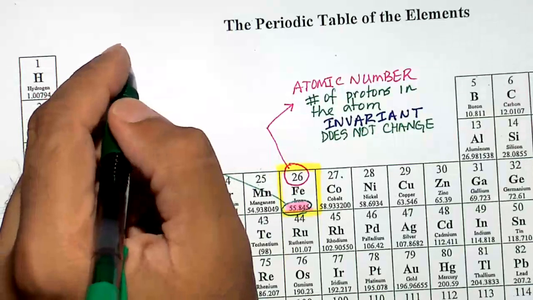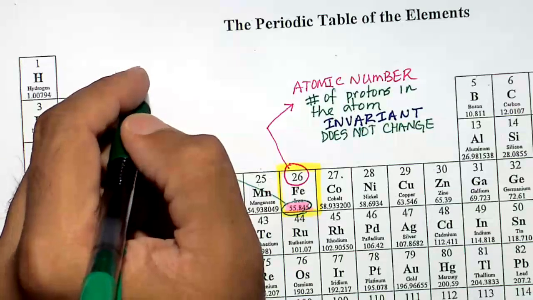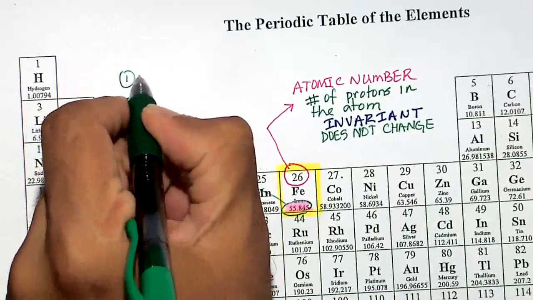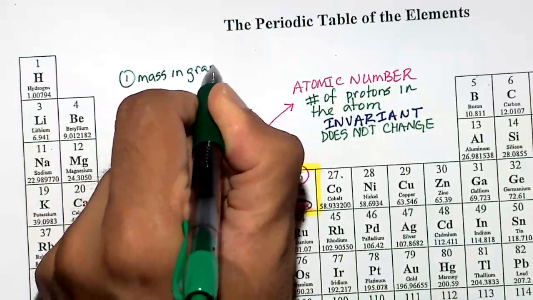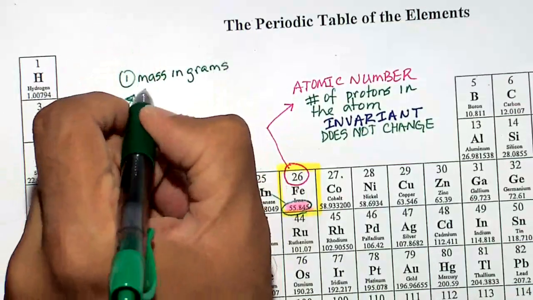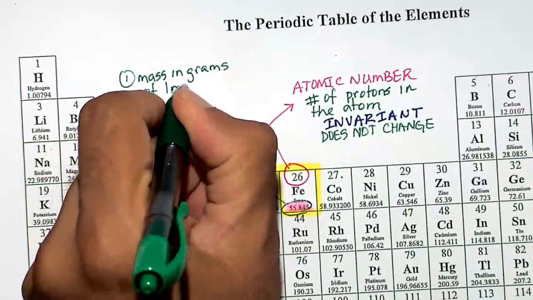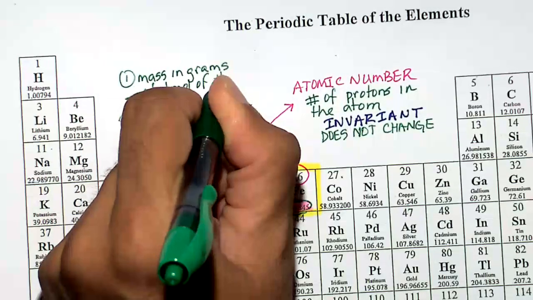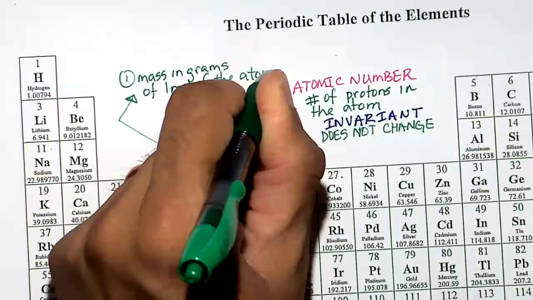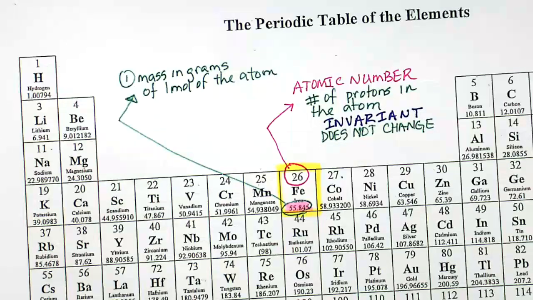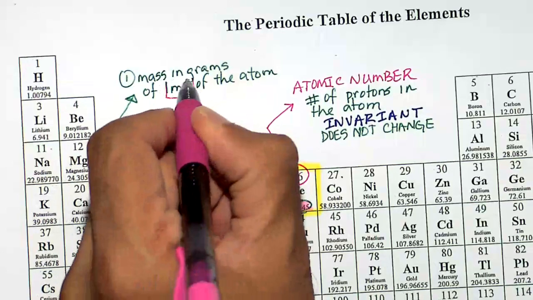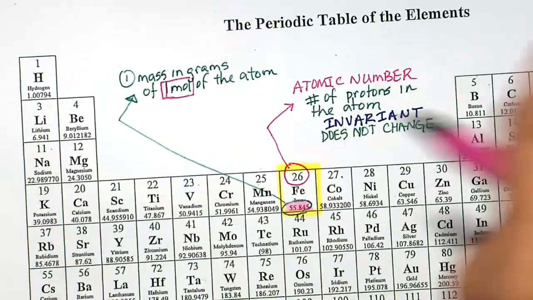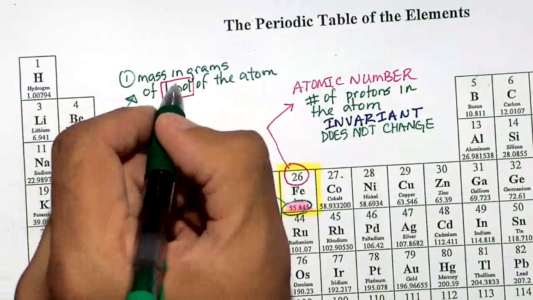The first one is the mass in grams of 1 mole of the atom.